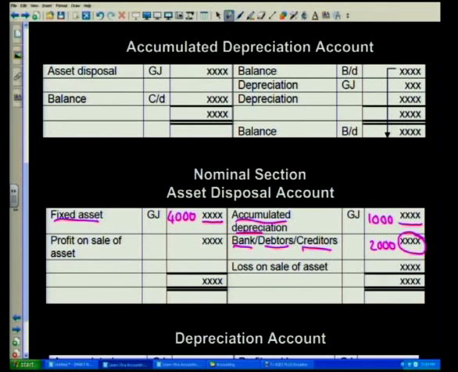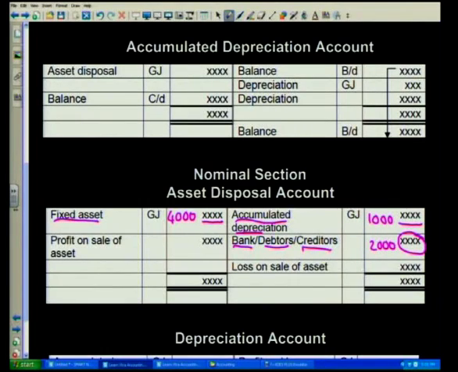2,000 Rand is the selling price, 4,000 Rand is the cost price, and 1,000 Rand is the accumulated depreciation. I would like to know whether we have made a profit or a loss on the sale. The way to work that out is very easy.